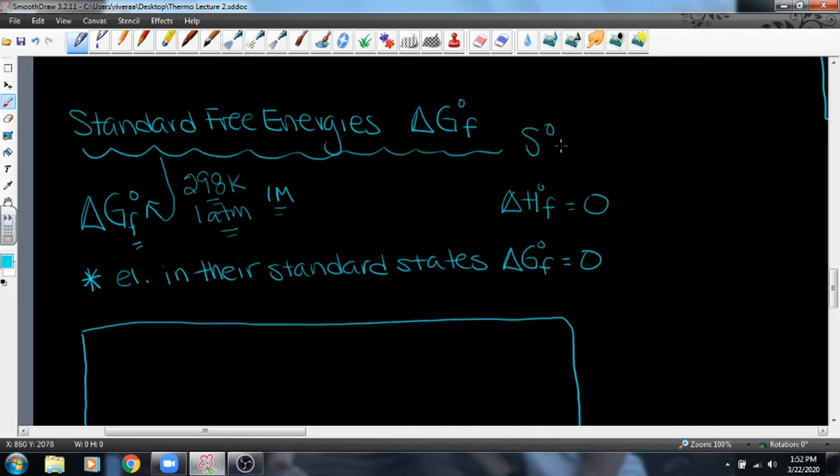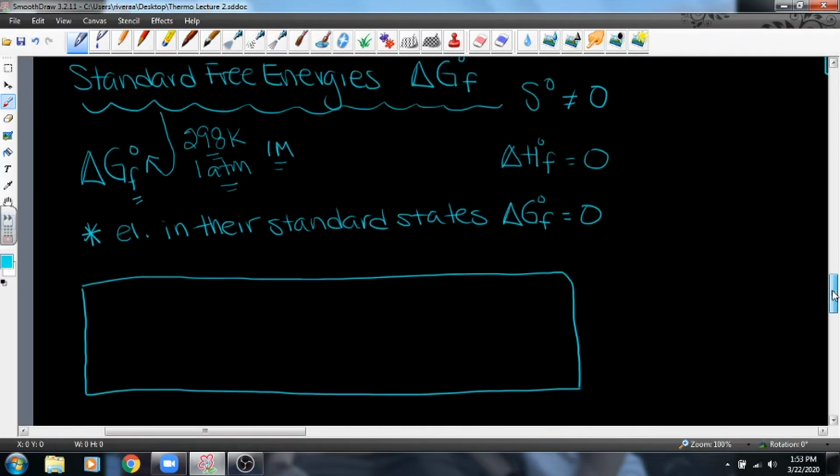The entropies for elements in their standard states are not equal to 0. Okay, so everything has entropy, unless we're at 0 Kelvin and a pure solid. So these are not equal to 0. These are equal to 0.